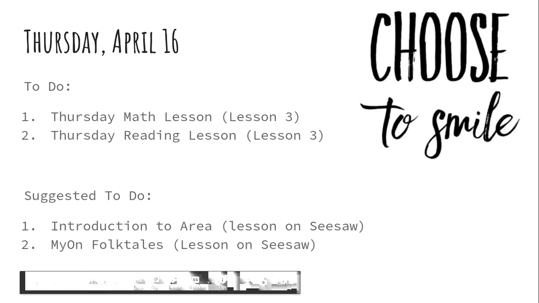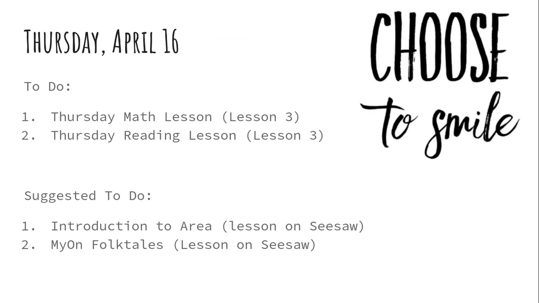If you get done with those tasks, I have 2 ideas for lessons that I'm suggesting you do. Both are on Seesaw. The first one I mentioned yesterday. It is called An Introduction to Area.